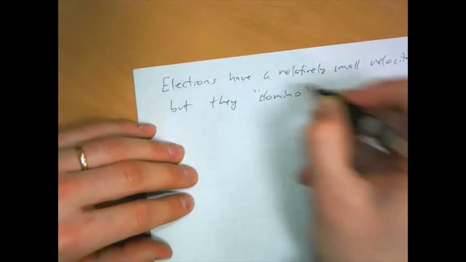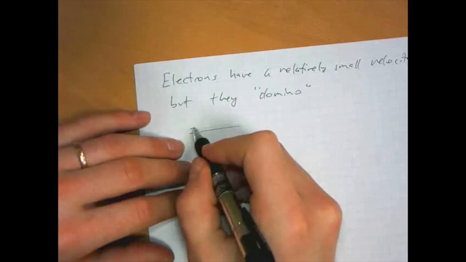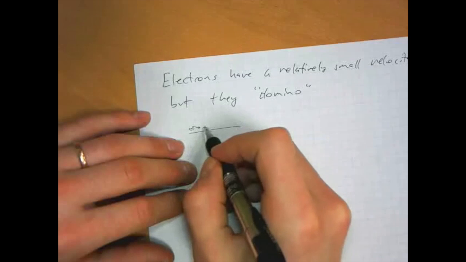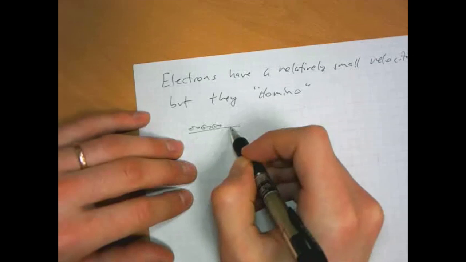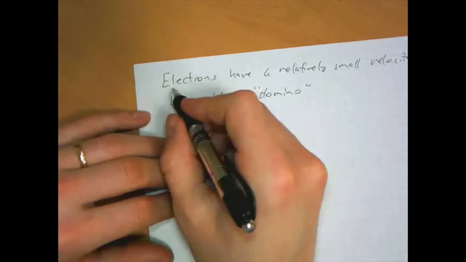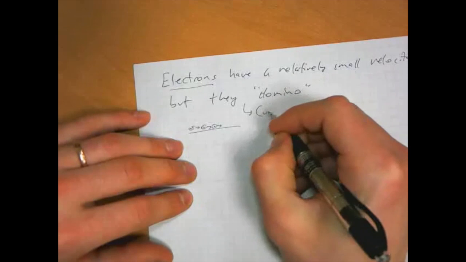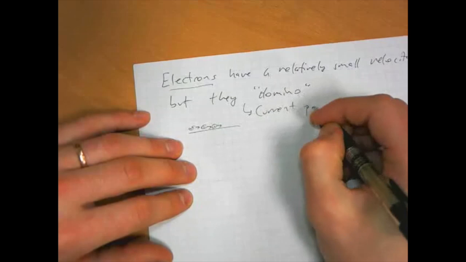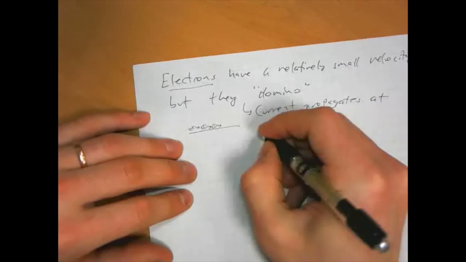So, one electron moves a little bit in your wire, and that causes the next electron to move, and that causes the next electron to move because they repel each other. And so even though any individual electron has a relatively small velocity, current propagates at close to the speed of light.